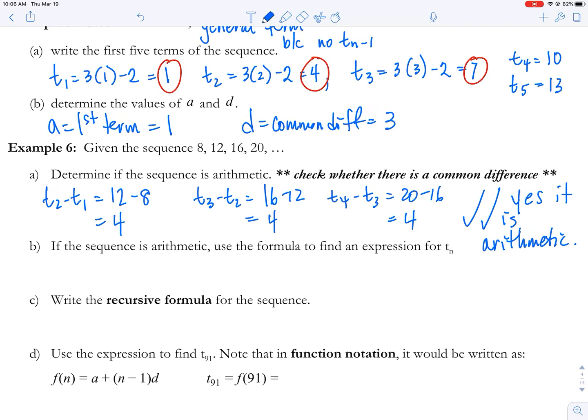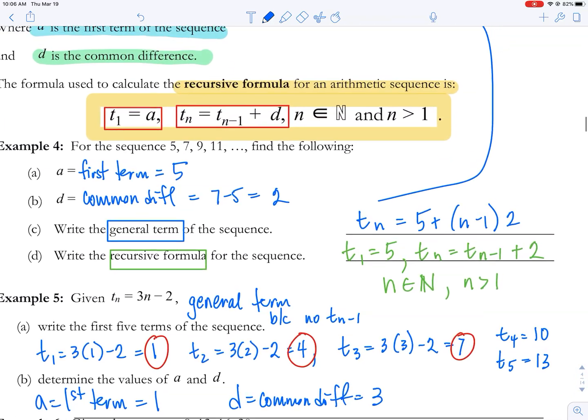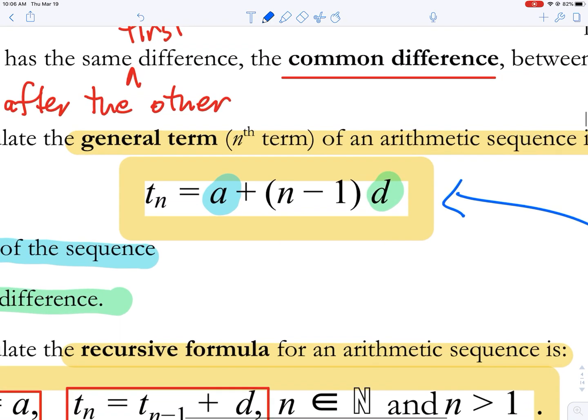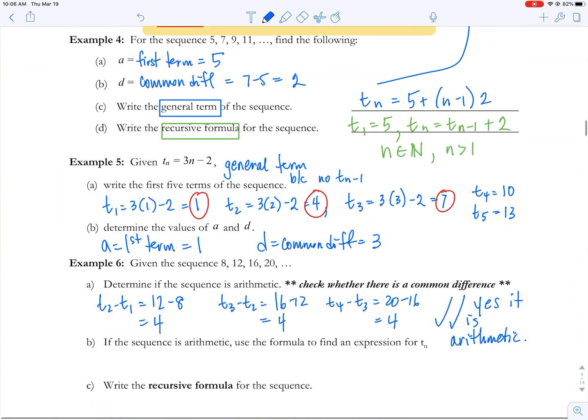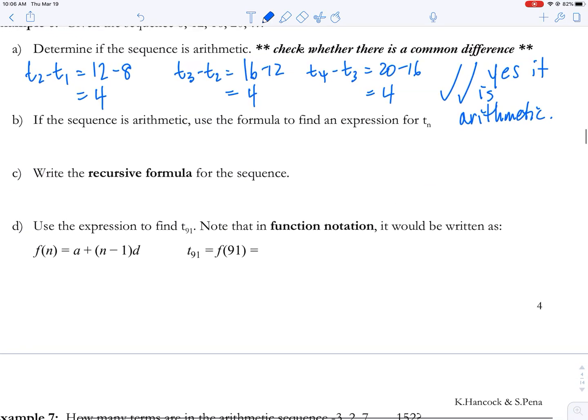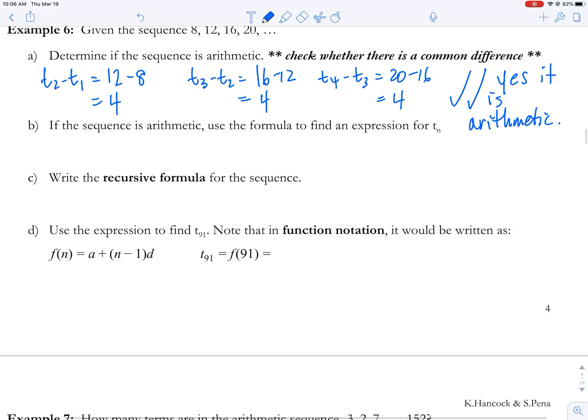For B, it says, if the sequence is arithmetic, which it was, use the formula to find an expression for Tn. So we're going to go back up. The formula we're going to use is Tn equals our first term plus n minus 1 times d. So Tn equals our first term, which is 8, plus n minus 1 times d.